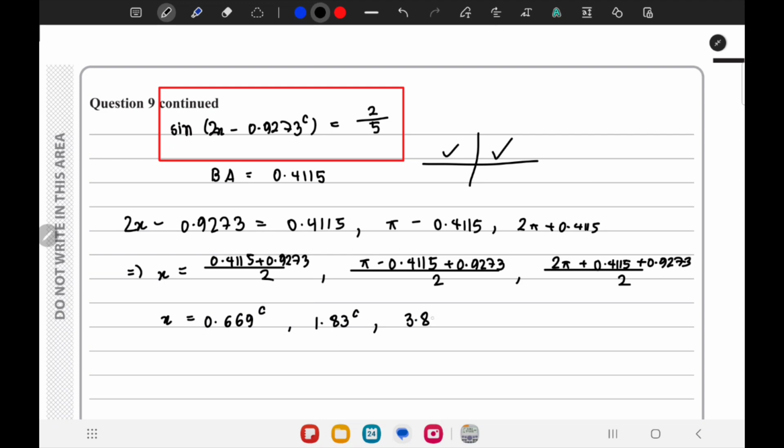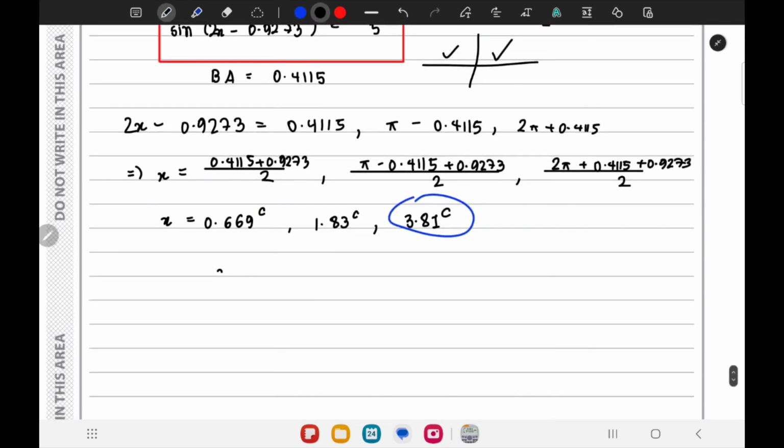This value is greater than pi. It's also less than 3 pi by 2. So pi is 3.14 approximately, and 3 pi by 2 is approximately 4.71. So this is the value we want. So x equals 3.81 is the solution.